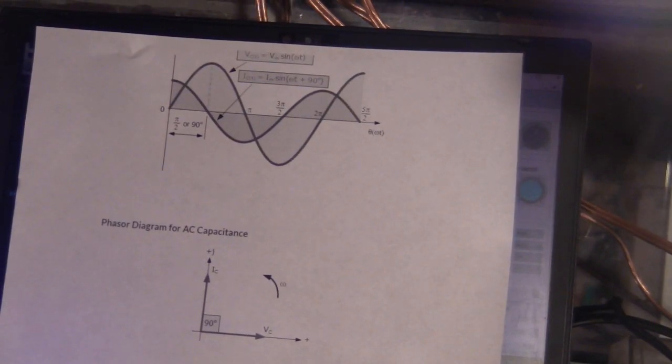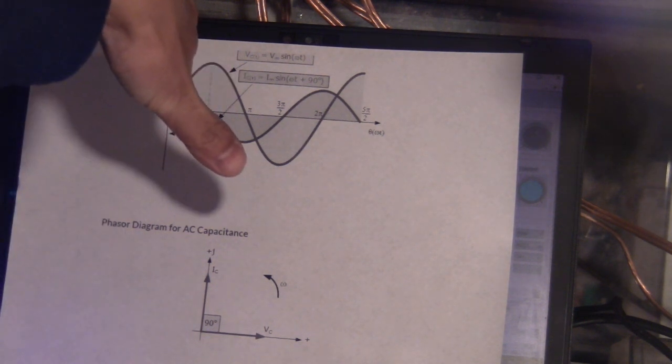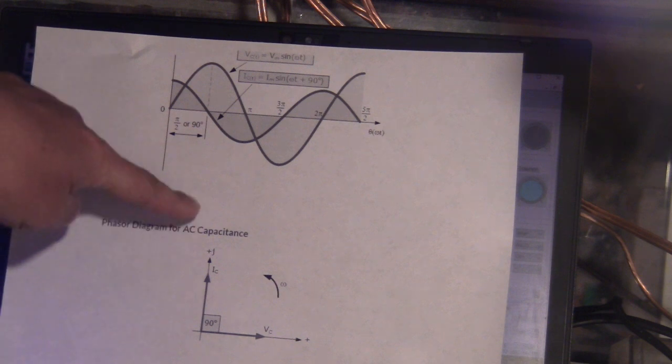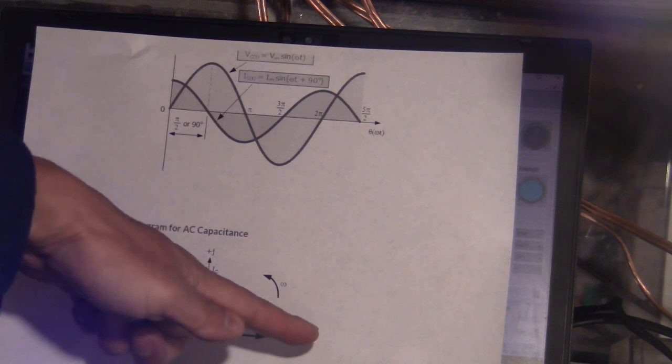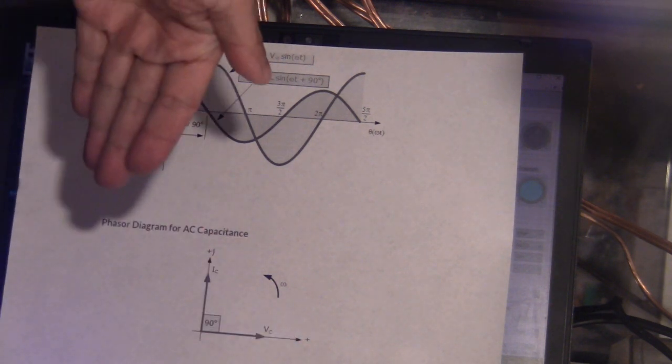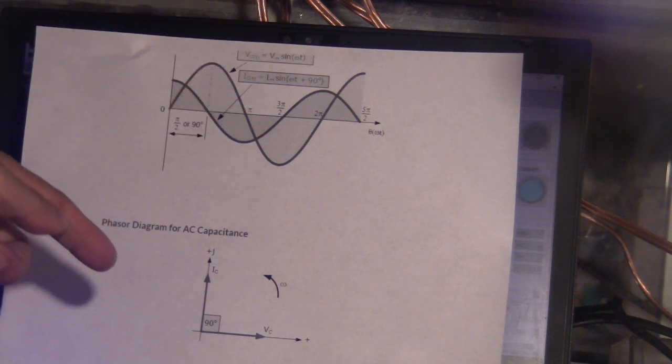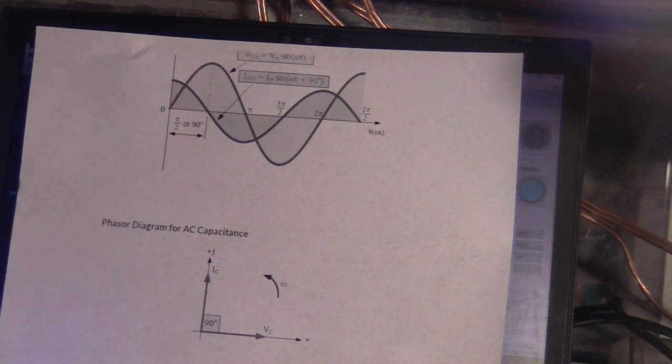And we put these two things together. You see, just now I turned this thing in rotation. This is the current direction. This is the voltage direction. I put it this way to make it easier to compare to our diagram, our equipment.